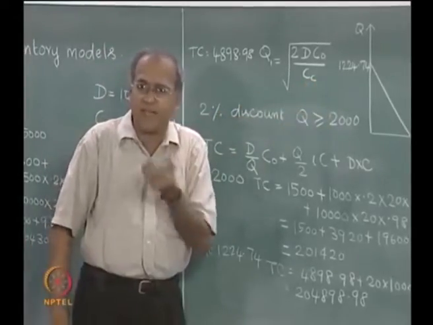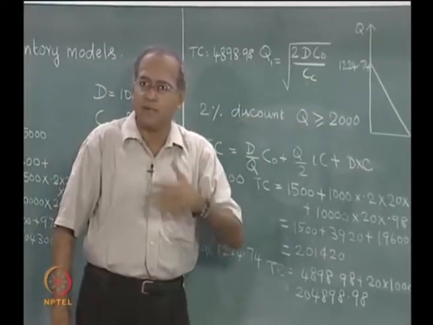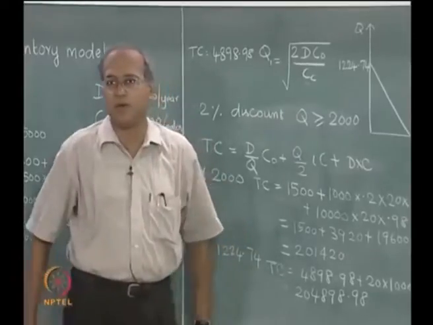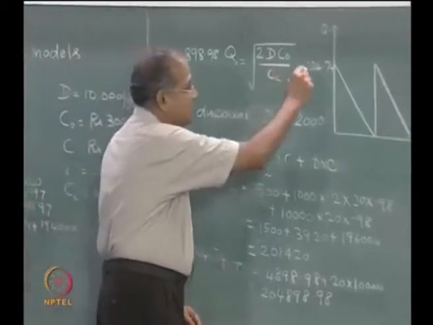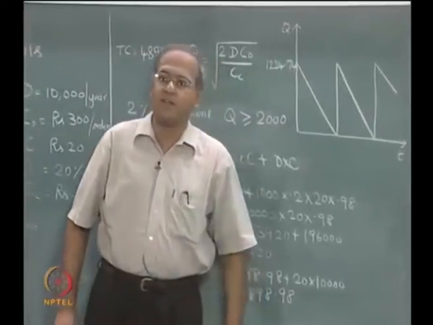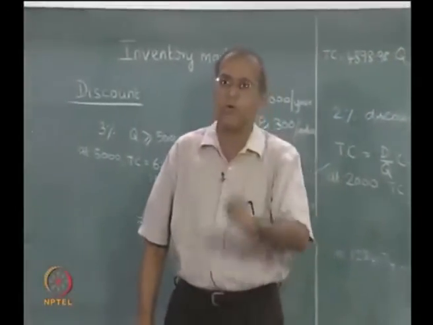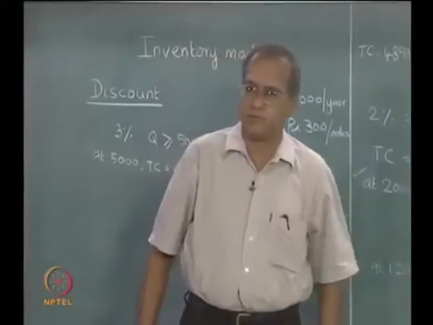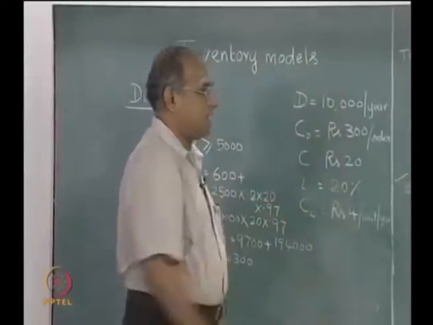Actually, physically there will not be too much of a change, but if you look at it from the computation point of view, there will be a slight increase in the economic order quantity, and we will avail the discount at the new economic order quantity. So, this is how we handle the discount.